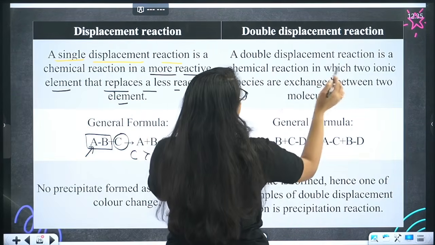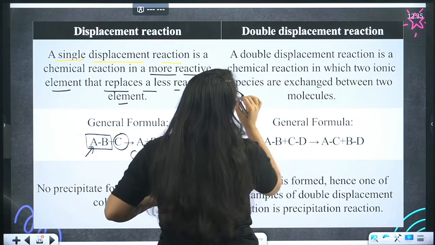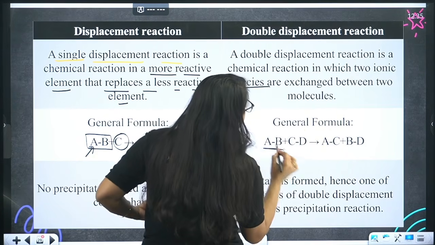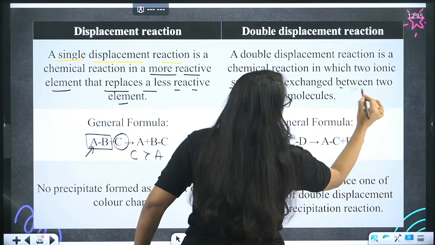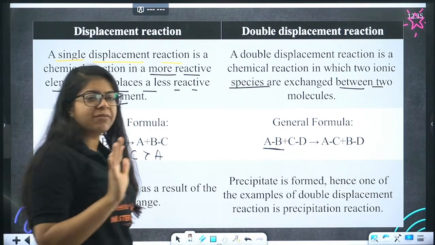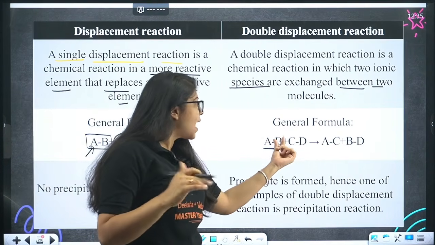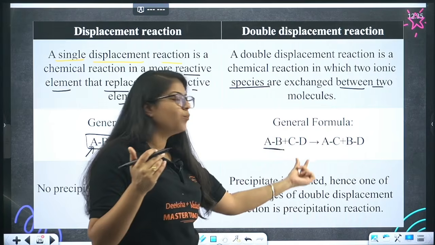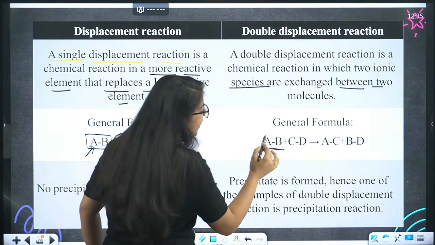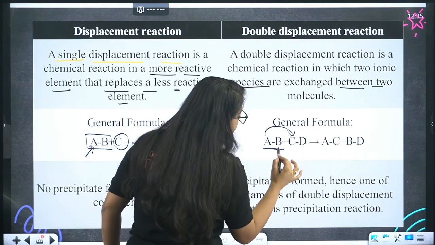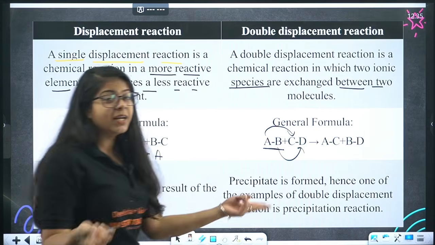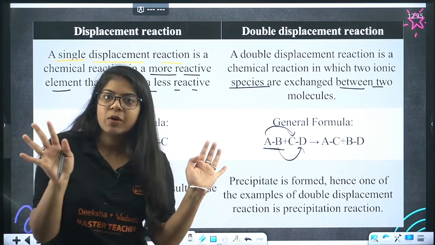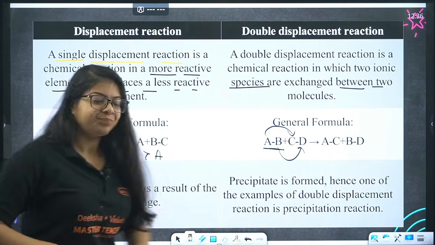Double displacement reaction is a chemical reaction in which two ionic species are exchanged between two molecules. Simple definition: two ionic species are exchanged between two molecules. So A goes and sits with C, B goes and sits with D. So they displace each other now, they are in revenge mode now. Done.